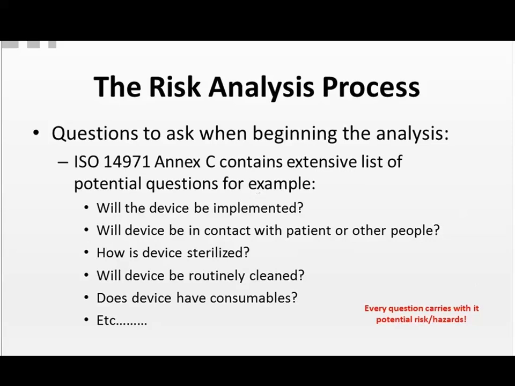Now, the use of these questions really should be the starting point for your risk analysis to identify the characteristics of the device that may impact on safety, as expected by the standard. As well as answering the Annex C questions, you must in the EU, but you could incorporate some questions around the design process and how failures in the design process could impact patient safety or produce other harms.